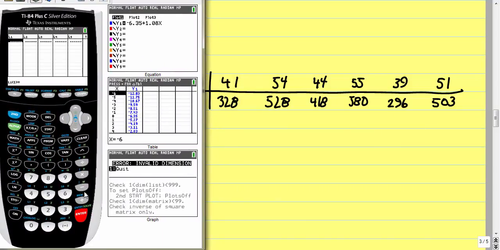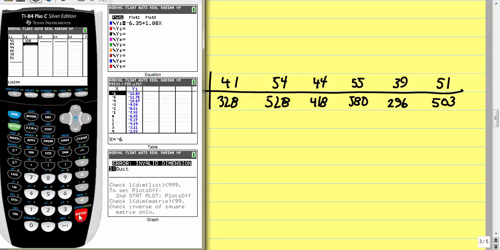So let's go ahead and enter my X values first, because I'm trying to predict weight. I'm not trying to predict chest size. So those are my X values, and we'll annotate this on our notes as well.